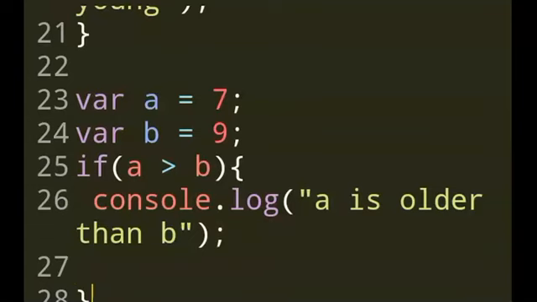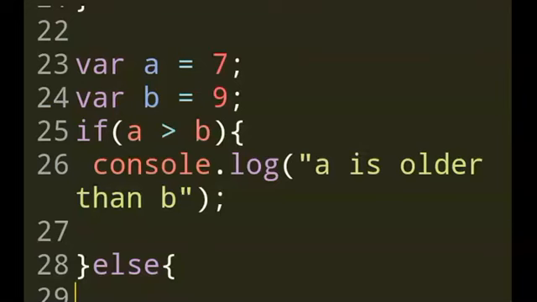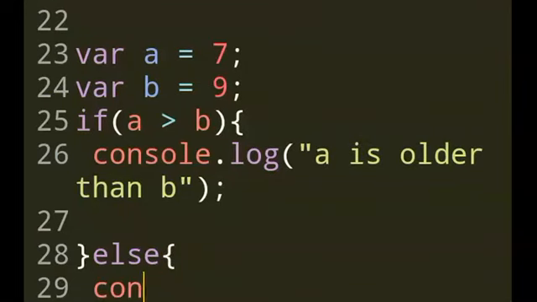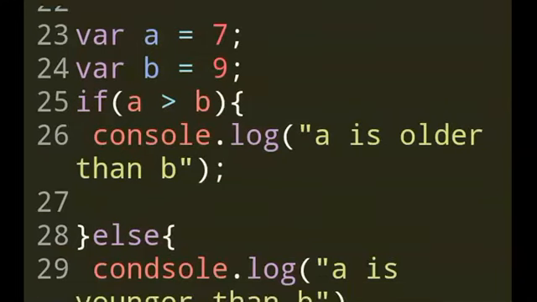Else, console.log the reverse statement, which is a is younger. Right? You can give it a name, Harry, Peter, whatever.